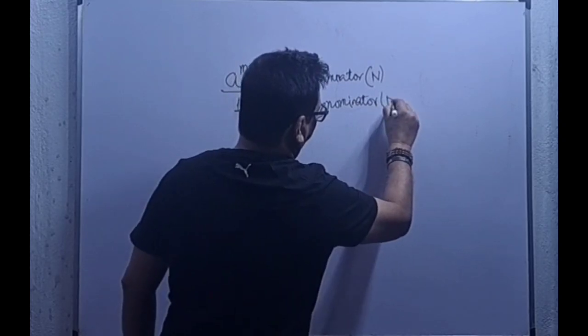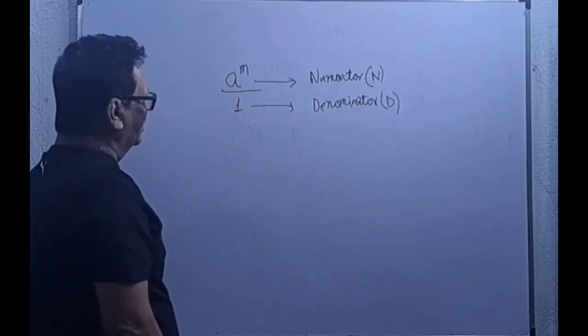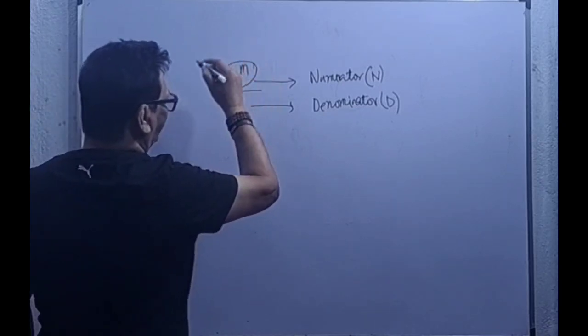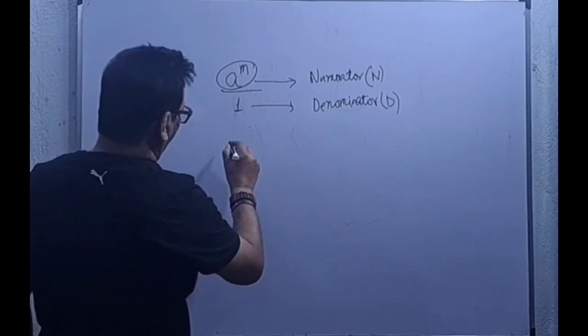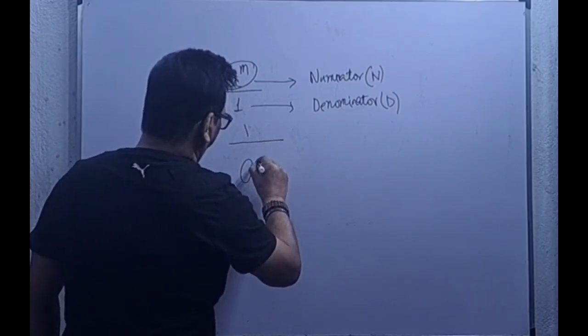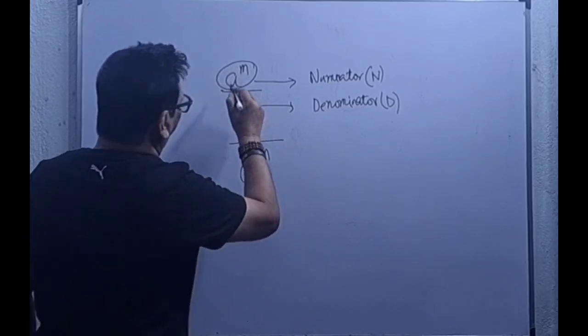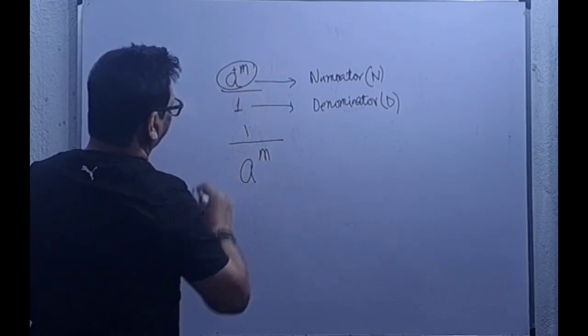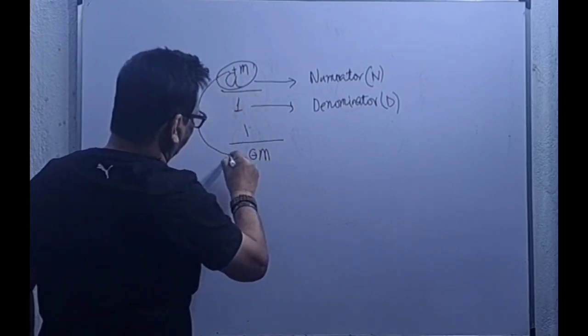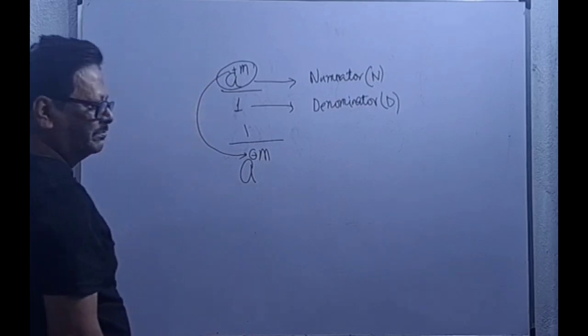We'll call this d, right? Now see, when this numerator comes to the denominator, like 1 by a to the power of m, what happens? See, this is positive. This becomes negative. See, this is the change, right?